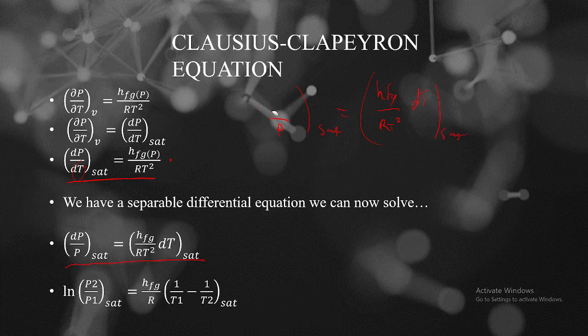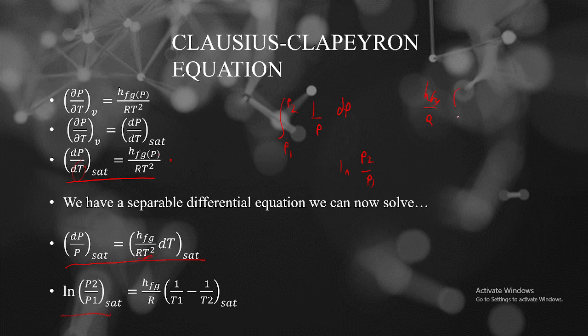Now, if I do the integration, I'll get the last equation we have at the bottom of this page. If I integrate 1 over P dP from P1 to P2, I'll get ln P2 over P1. And if I integrate h_fg over R, I'm taking them to be constant, right? Yes, h_fg over R are taken to be constant for this equation.